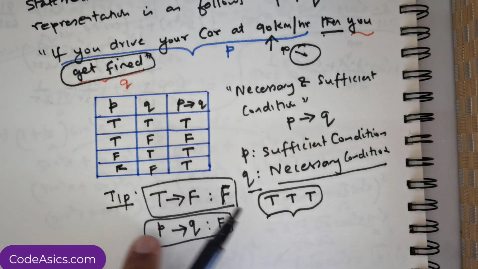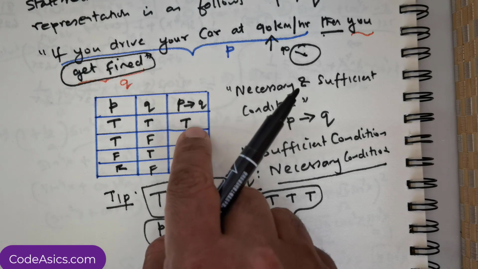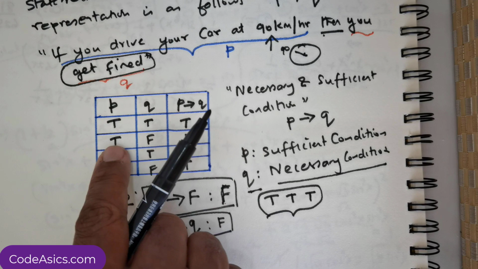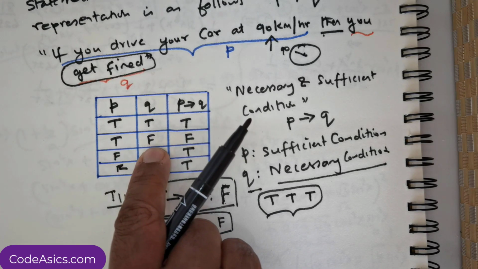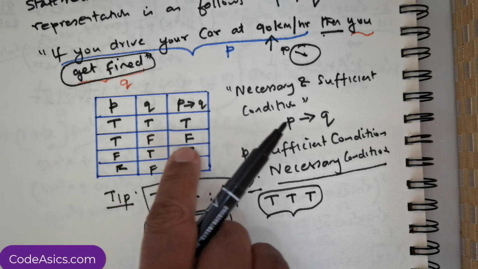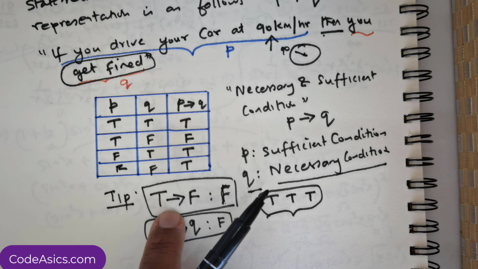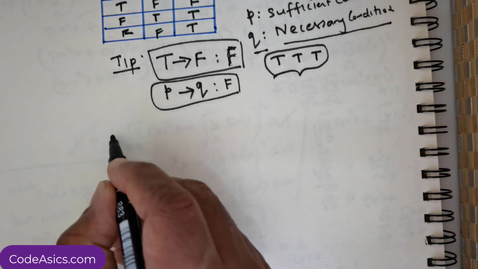Once you have this understanding, the table can easily be obtained, because all of the other outcomes are going to be T, T, T. There is only a change over here. If T, then F. What is the outcome? The outcome is going to be F. So that's why I gave you this hint. So having given this hint, let me just move on to biconditional statements.